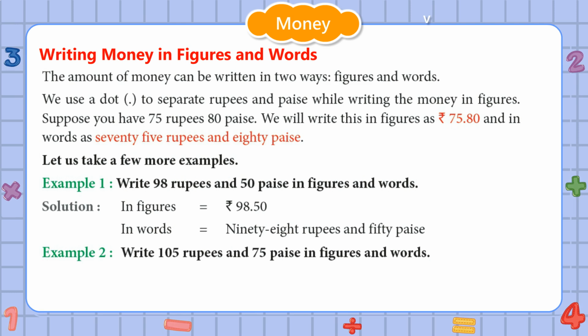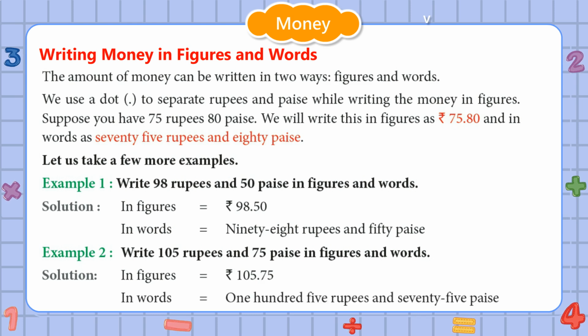Example 2. Write 105 rupees and 75 paise in figures and words. Solution. In figures: ₹105.75. In words: 105 rupees and 75 paise.